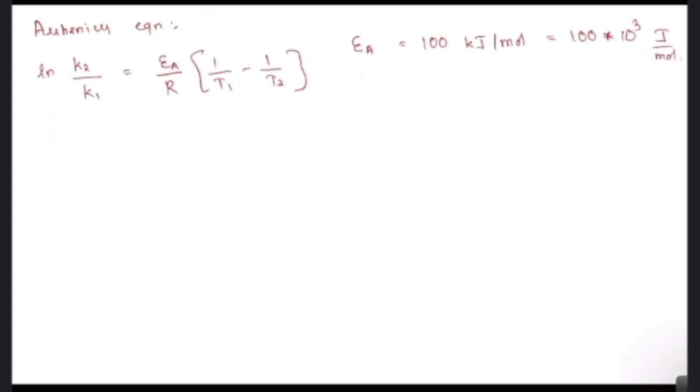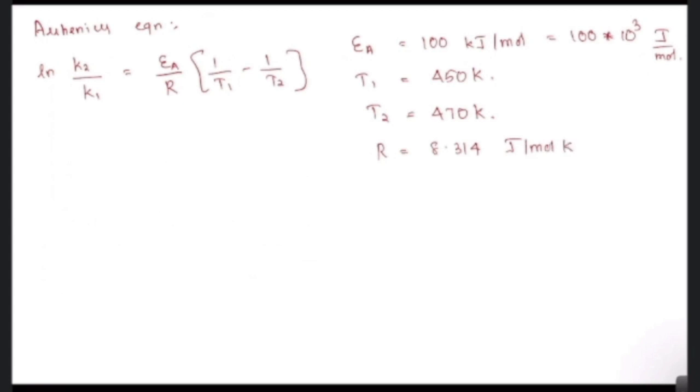Then T1 is basically 450 Kelvin and T2 is 470 Kelvin. And the universal gas constant R is also given as 8.314 joule per mole per Kelvin.